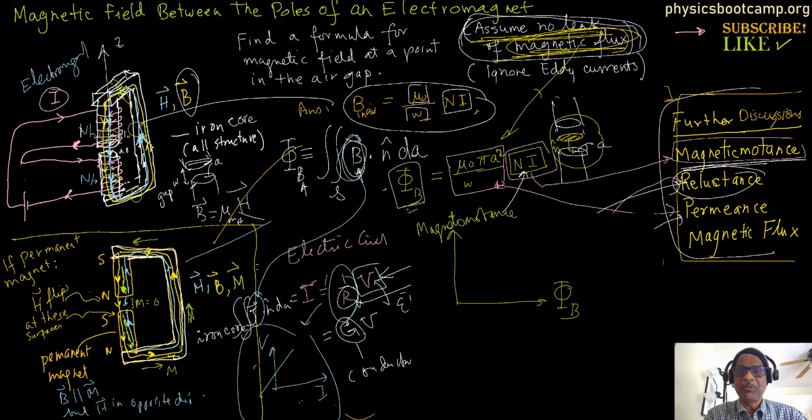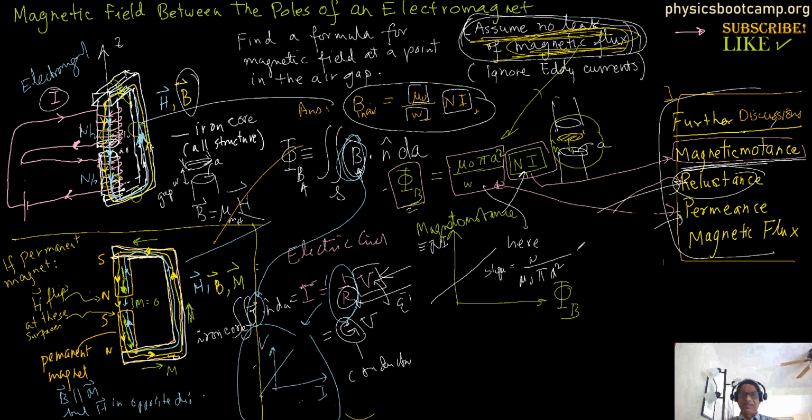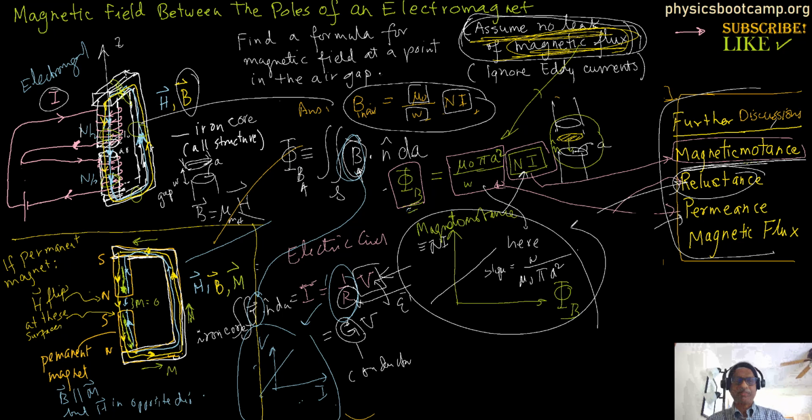Of course, in this material over here, this is all constant, so you can just get this. That's going to be this inverse slope. I'm plotting this on the x and this on the y-axis, and over here it's just going to be N I, and the slope will be W over mu naught pi A squared. This is how you do magnetic experiments.